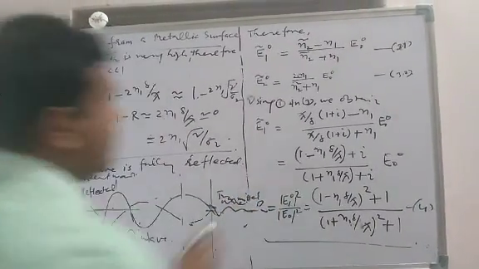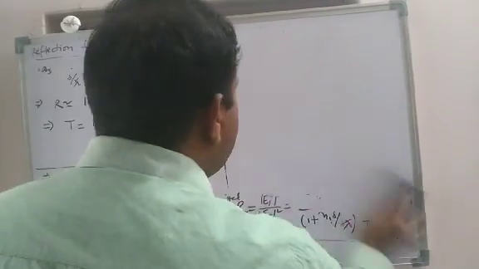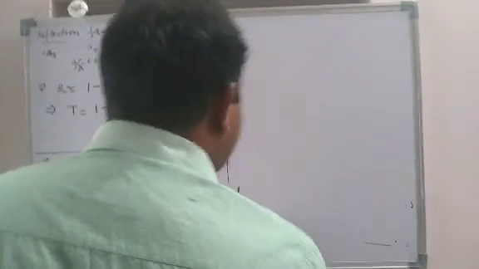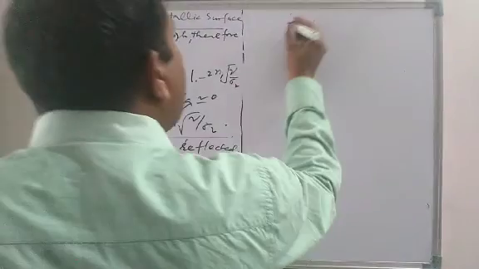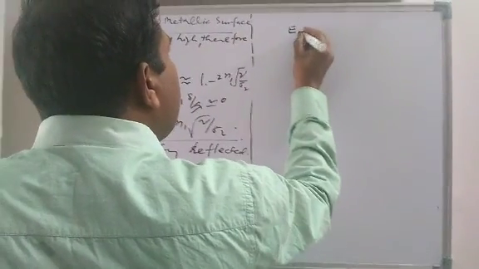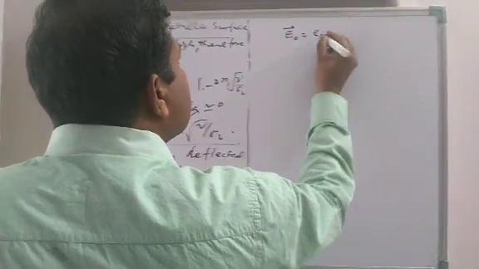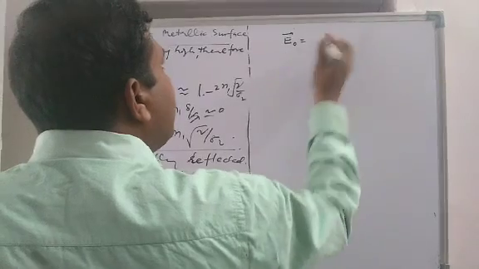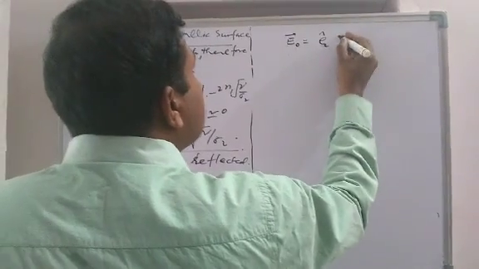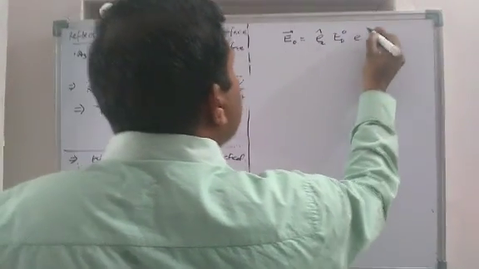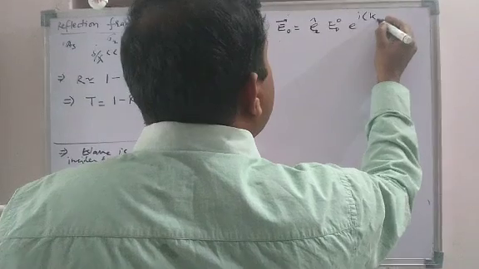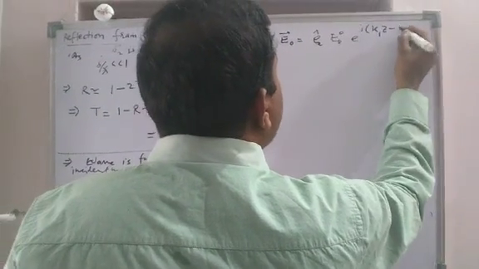So let me just finalize what I said a few seconds ago. So what we have, remember, E naught was Ex hat, then we had E naught naught e to the power i k1z minus omega t.